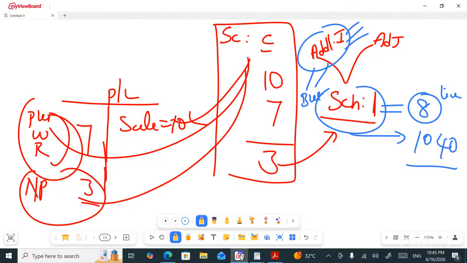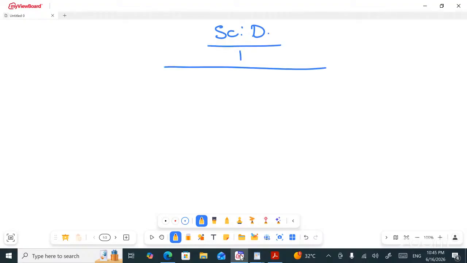Now coming to Schedule D. Suppose the taxpayer does not have any business, is a working person getting a salary, interest income like that, not a business person.